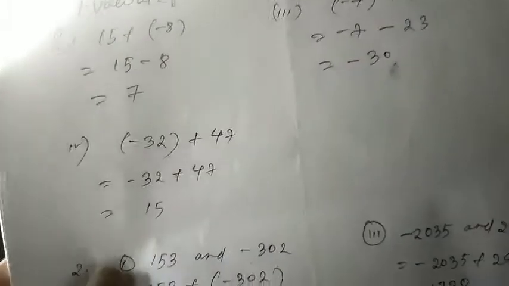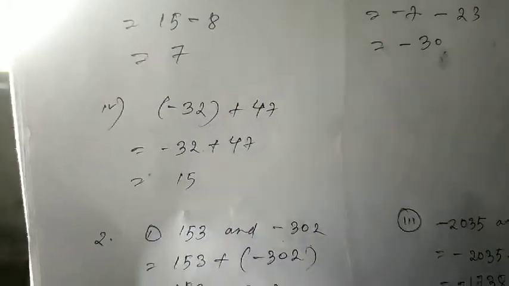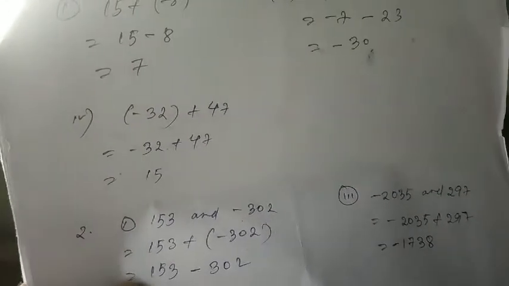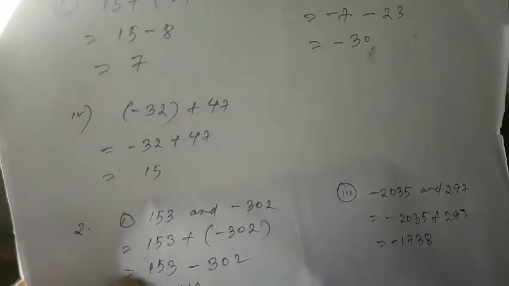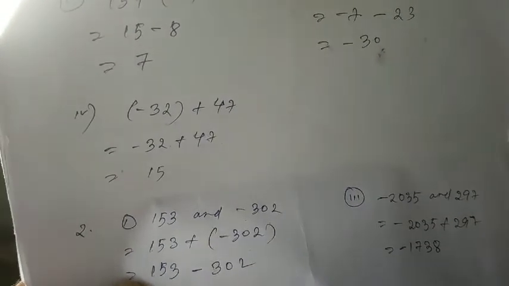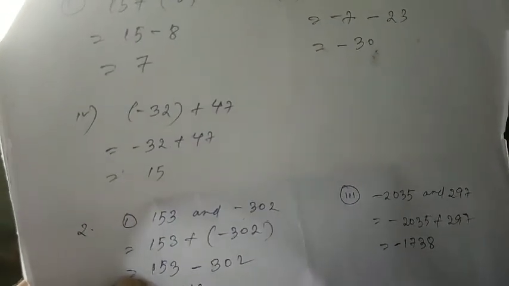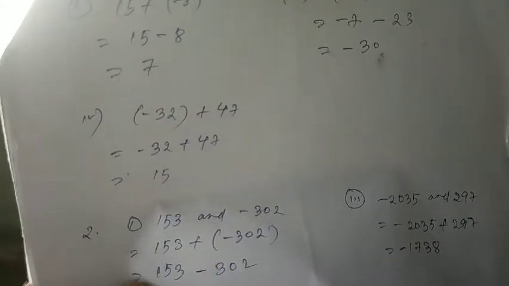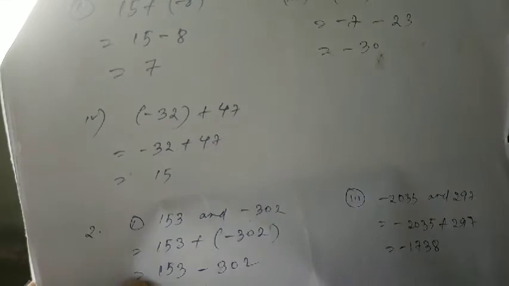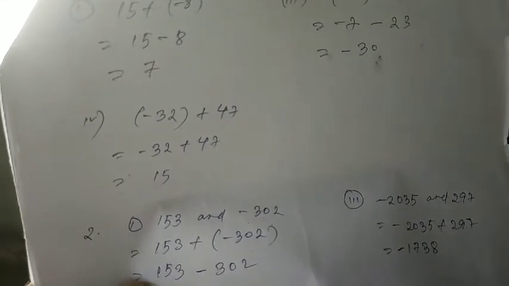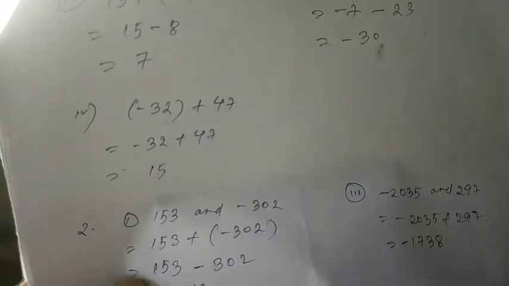Now let's go for the fourth question. Question number 4, bracket minus 32 plus 47. I told you, when there is no sign in front of any number or bracket, it means there is a plus sign. So here plus bracket minus. When there is a bracket, it acts like into, so plus into minus becomes minus 32.